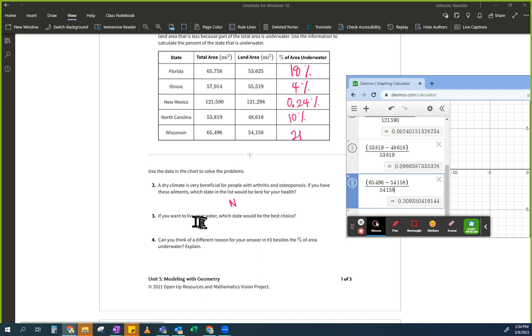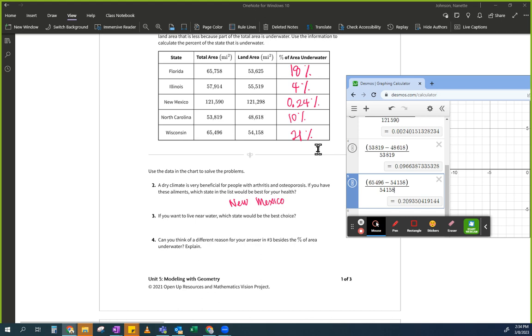And it says if you want to live near water, which state would you choose? Which state is probably the best for you to choose if you wanted to live near water? Yes, 21. Sorry, I start handwriting my numbers when I get a little lazy.